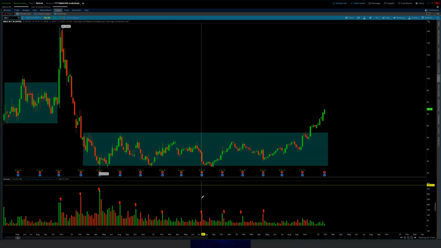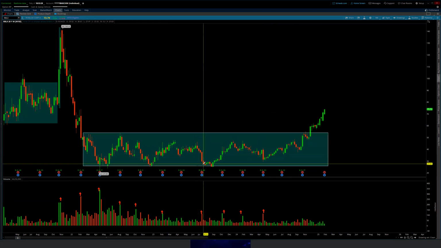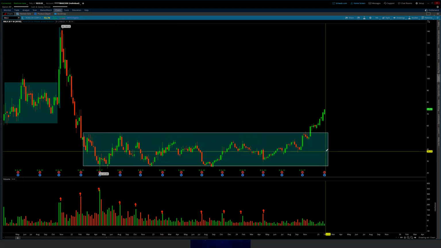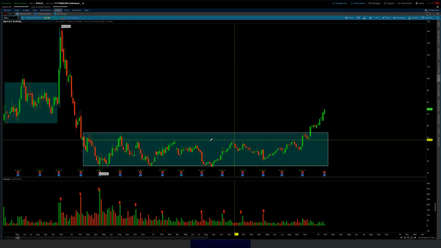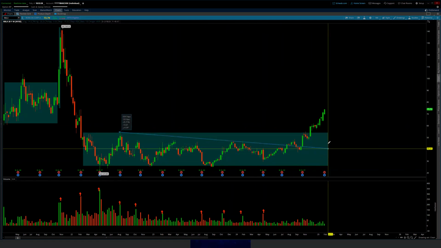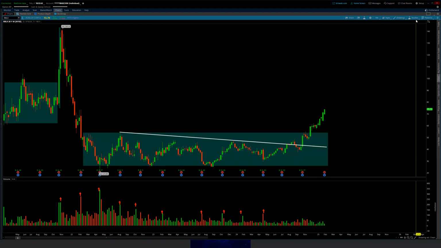But price doesn't set new lows, right? Even on these bear bars, we see that above average volume, price doesn't set new lows. Price doesn't go anywhere. It stops moving, basically. It starts to sit in this range. It starts to consolidate. This is stage one.